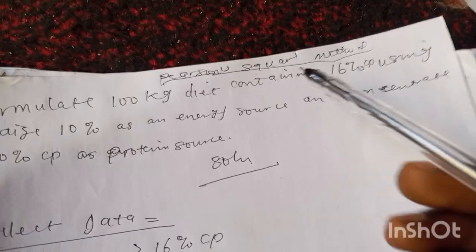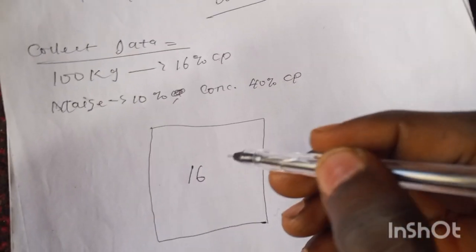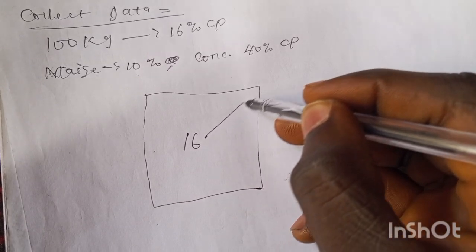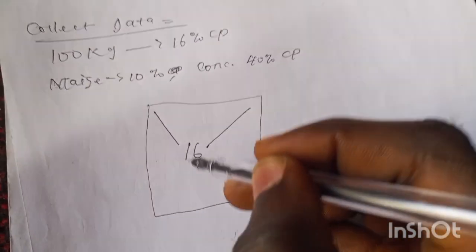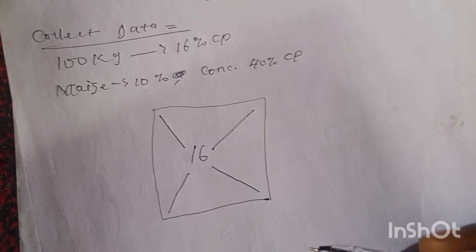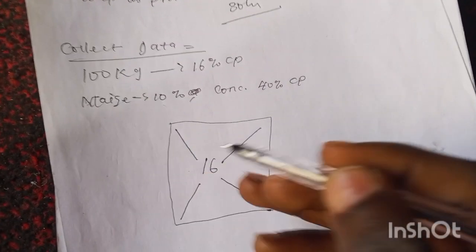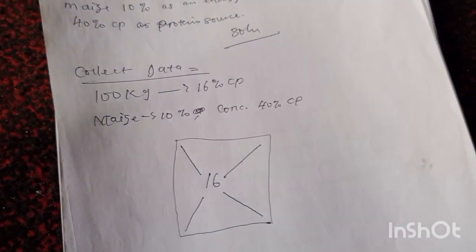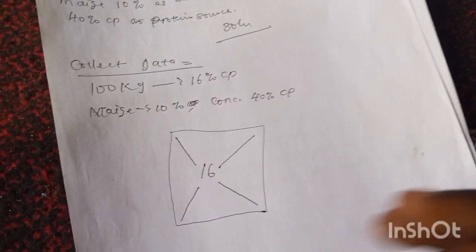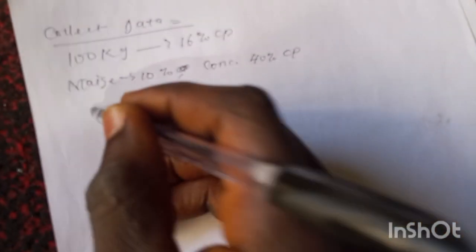Remember, look at it here. 16% CP. Since you are having a 16% CP, this is how you are going to do it. You put this at the center. Now, the next thing is our what? Protein source. Yes, our protein source. Or, okay, let's start with energy source. Sorry, let's give it energy source.